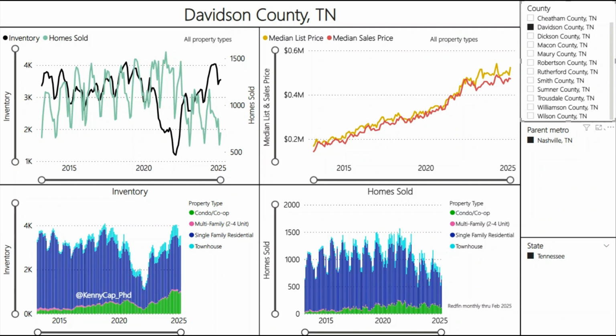Some markets maybe not as much, like some of these stronger Northeast and Midwest markets. But if you start to see the labor market continue to deteriorate, and if it really takes a turn down, which I wouldn't be surprised if it did, that's what the data seems to suggest, then even those markets will struggle.